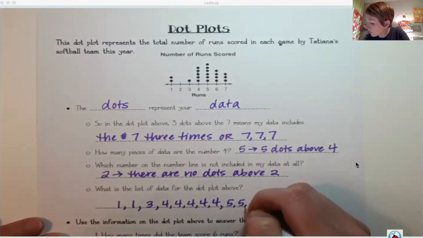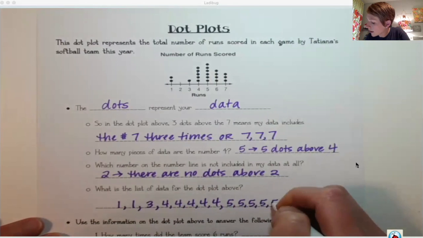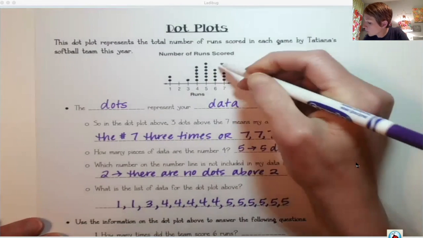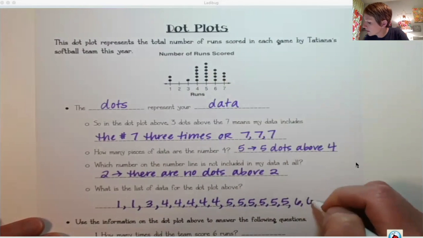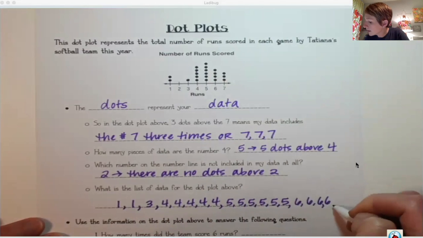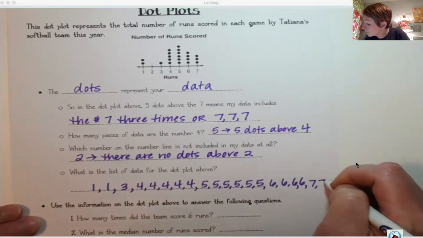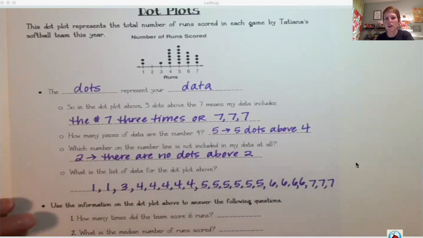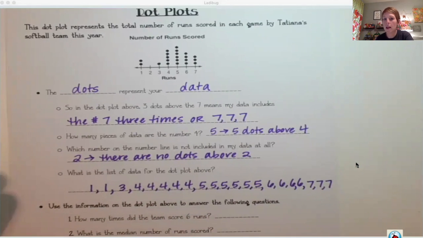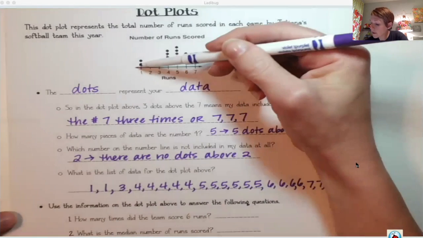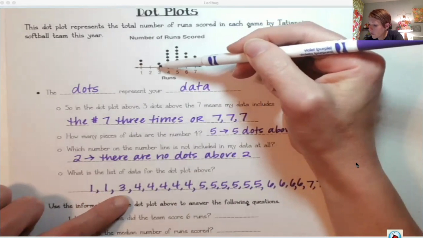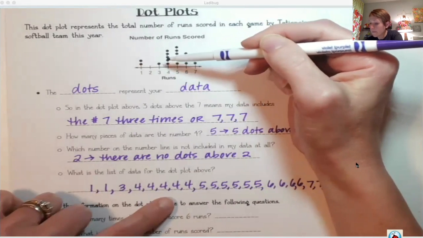I have 4 dots above 6. And then I have 3 dots above 7. Okay, we went off our line there to the edge of the page, but that's okay. This is my data. Okay, so the dots tell me I have 2 1s, 1 3, 5 4s, so on and so forth.